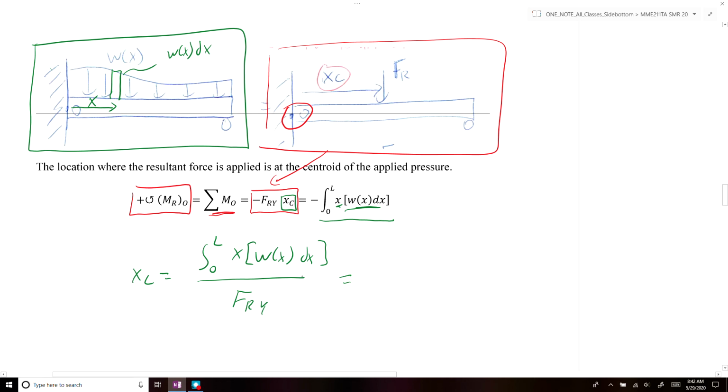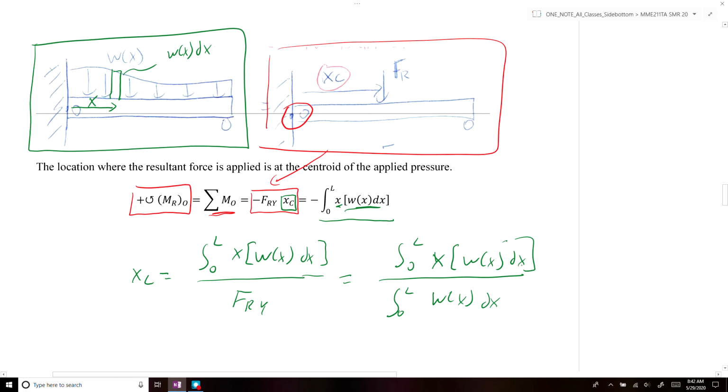Then we can plug in the value of FRY from the last page. If we include that integral, you get the integral of W of x dx in the denominator, and the numerator would be the same. So you just have to evaluate these two integrals to calculate x of c.